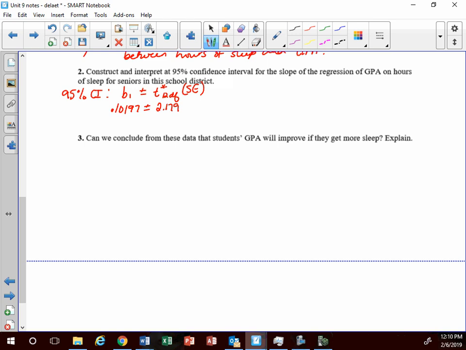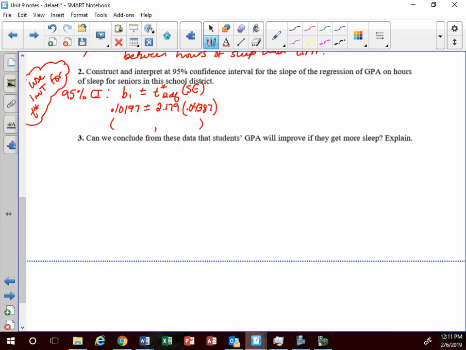And then times standard error. Well, that's also given to you in your computer printout. What is it? 0.04387. So I'll make a little side note: inverse t for t crit. All right, so now it's just a matter of you actually adding and subtracting this.